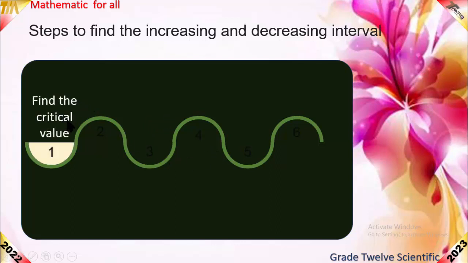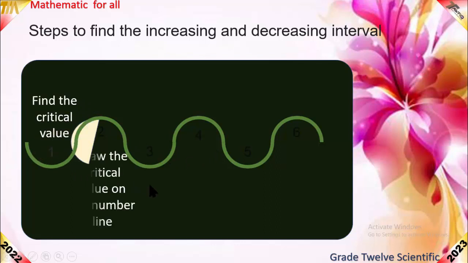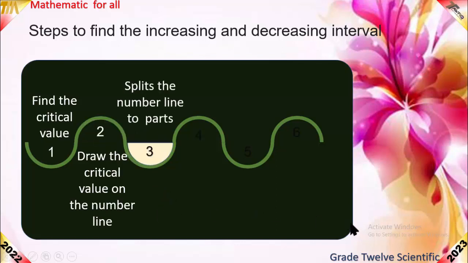First, find the critical values. Second, draw the critical values on the number line. These critical values split the number line into parts. If you have one critical point, then the number line is 2 parts.